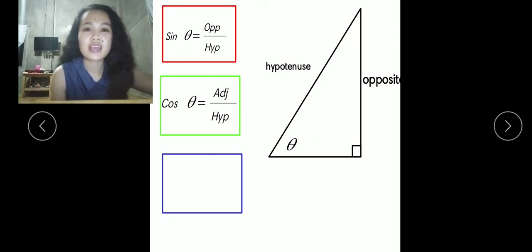Cosine theta is adjacent over hypotenuse. And tangent theta is opposite over adjacent.